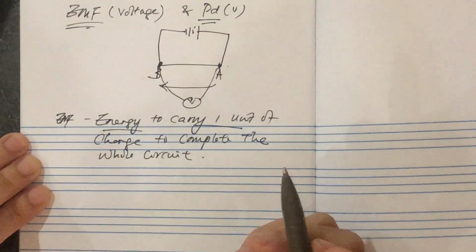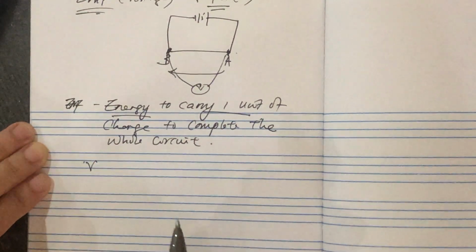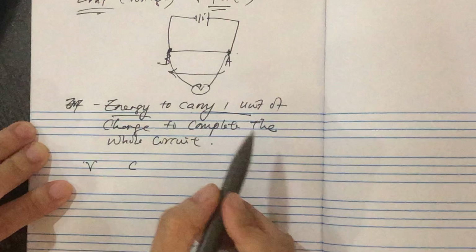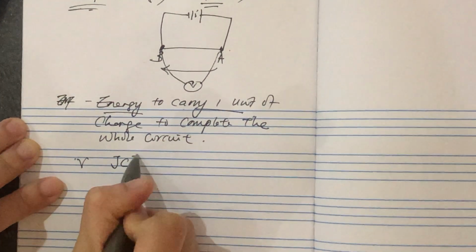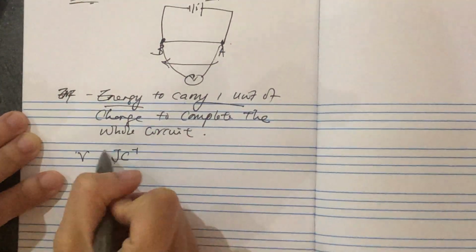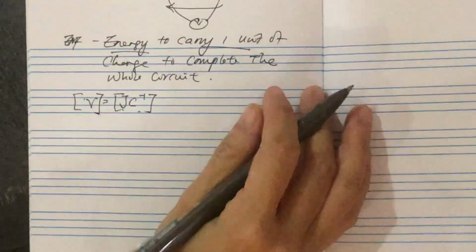Energy is joule, per one unit of charge, coulomb. So voltage equals joule per coulomb. So this is what we call EMF.